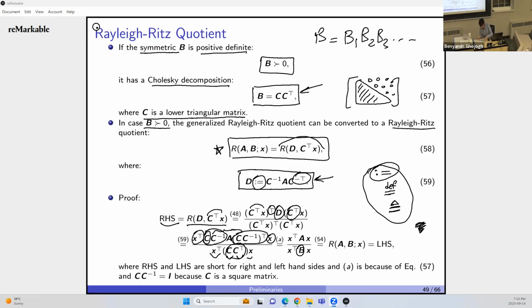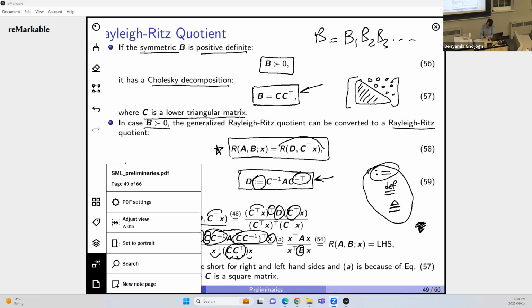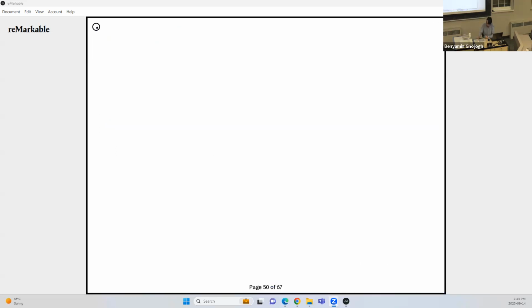I think that's a good thing to note here, in parentheses, some note from linear algebra. We have this identity for both when C is square or rectangular.